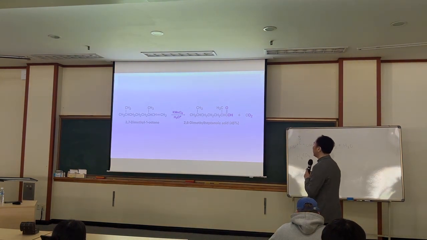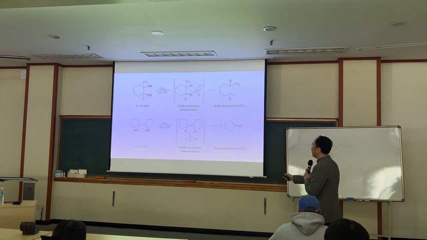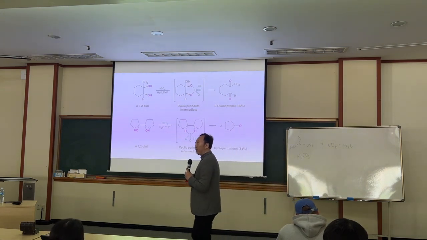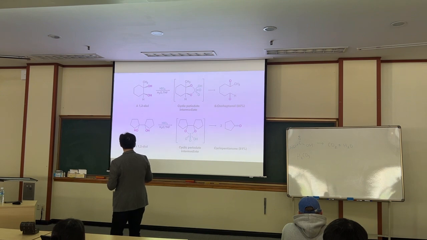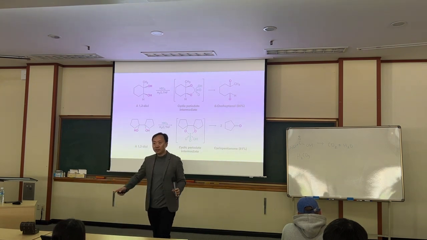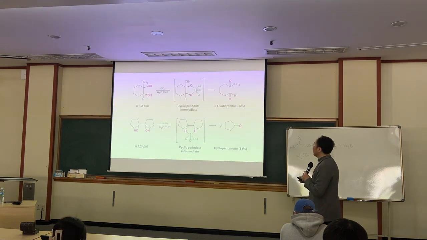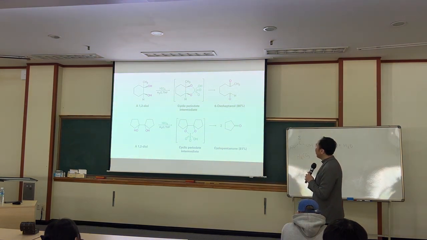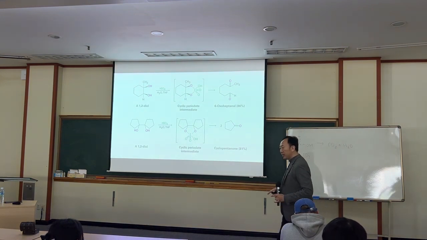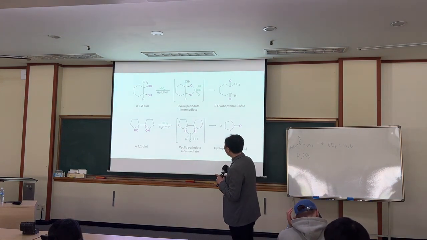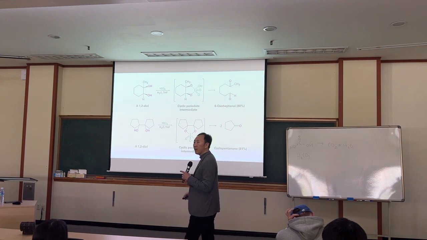Okay, the strongest oxidant is permanganate, and for periodate, slightly different. IO4 minus. That makes this kind of cyclic intermediate. And then, in contrast to OsO4 which provided two OH and reacted with the double bond, periodate reacted with the 1,2-dihydroxyl compound.